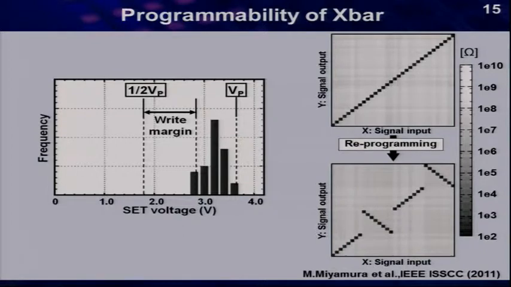The dark color means low on resistance, and light color represents a high on resistance. For example, the resistance of path of X1 through Y1 is low. The on-off resistance ratio is about 10^5. This connection pattern can be reprogrammed.